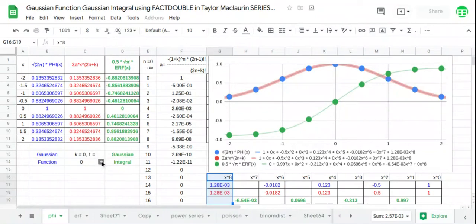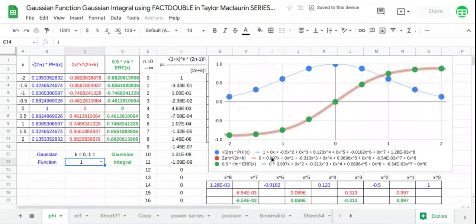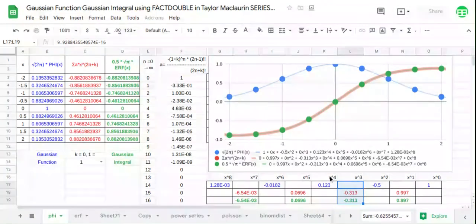Let's toggle this to 1. Coefficient of x to the 0, 1, 0, 0. Coefficient of x, 0.997. Coefficient of x squared, minus 0.500. Coefficient of x cubed, minus 0.313, or 0, minus 0.313, minus 0.313.